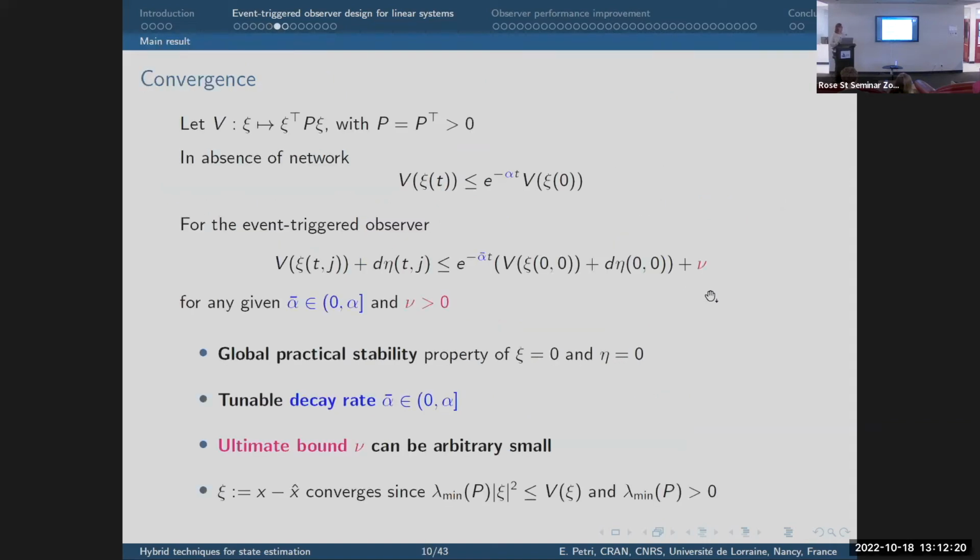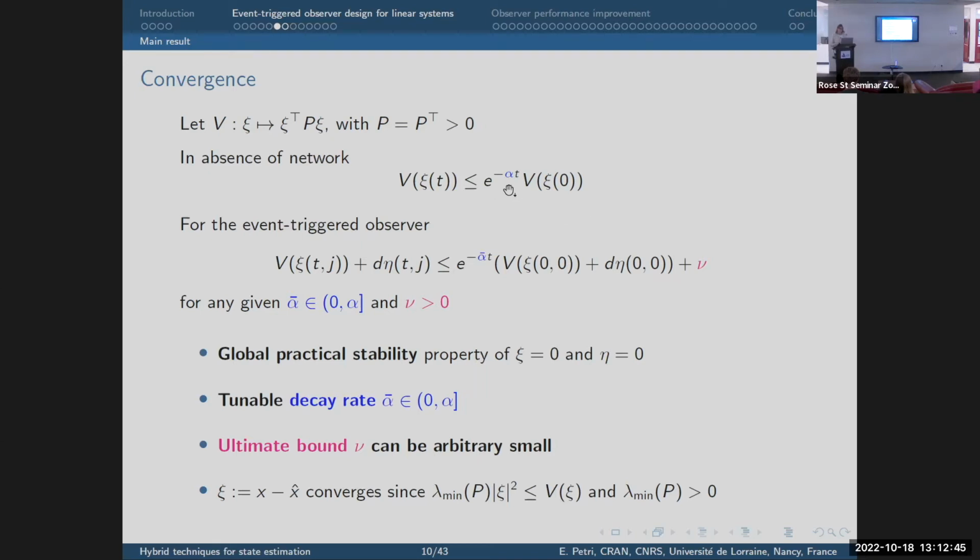And we can now see the main result of this work. In particular, since the matrix A minus LC is Hurwitz, we know that there exists a quadratic Lyapunov function V, defined as X transpose P X, where P is a symmetric positive definite matrix, so that this inequality here holds in absence of network, which means that the Lyapunov function is converging with a decay rate of alpha.